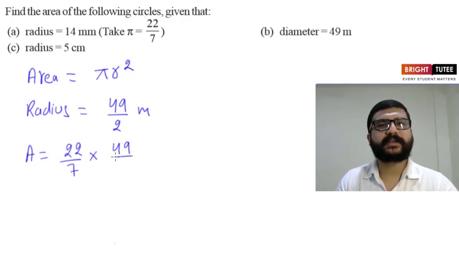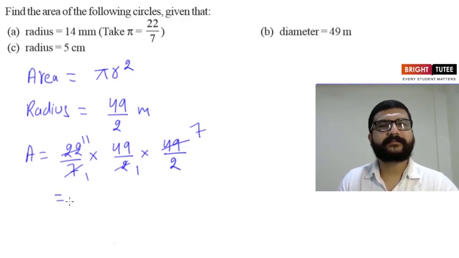R square means 49 upon 2 into 49 upon 2. Now from here we can simplify this. 7 ones are 7, 7 sevens are 49. Now 2 ones are 2. 2 into 11 is 22. So from here we are getting area is equal to 11 into 49 into 7 upon 2.